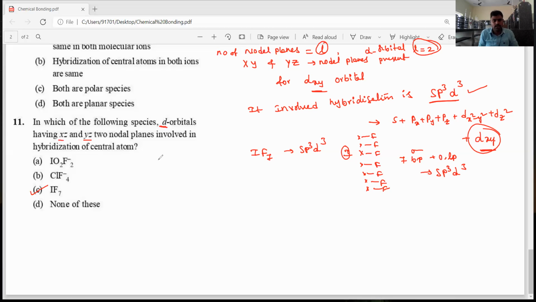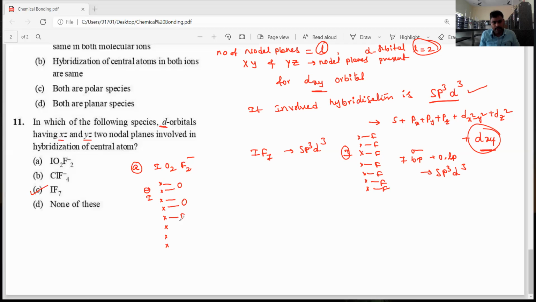And for the remaining options, you just have to check their hybridization. Let's see option A, IO2F2 minus. Iodine is the central atom with the minus charge, so a total of 8 electrons are present. Each oxygen atom will take 2 electrons, 1 sigma and 1 pi.